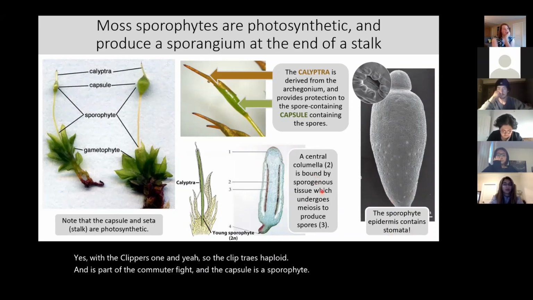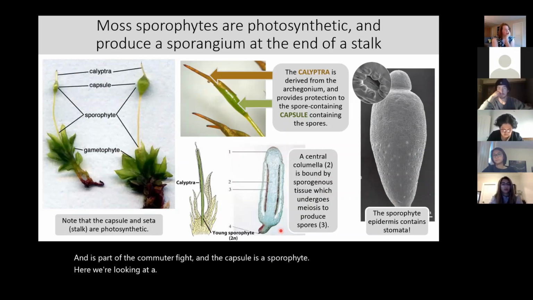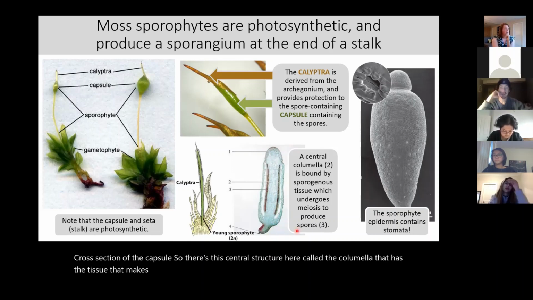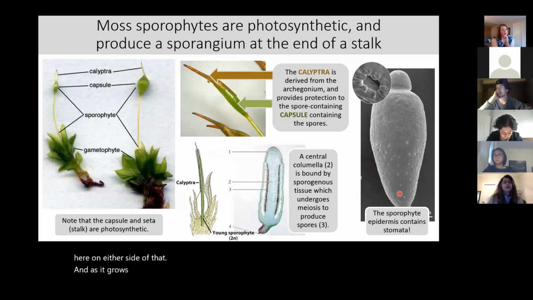Here we're looking at a cross-section of the capsule. There's this central structure called the columella that has the tissue that makes the spores that undergoes meiosis, and the spores are stained red here on either side of that. As it grows, you'll eventually end up with a structure that looks more like this.